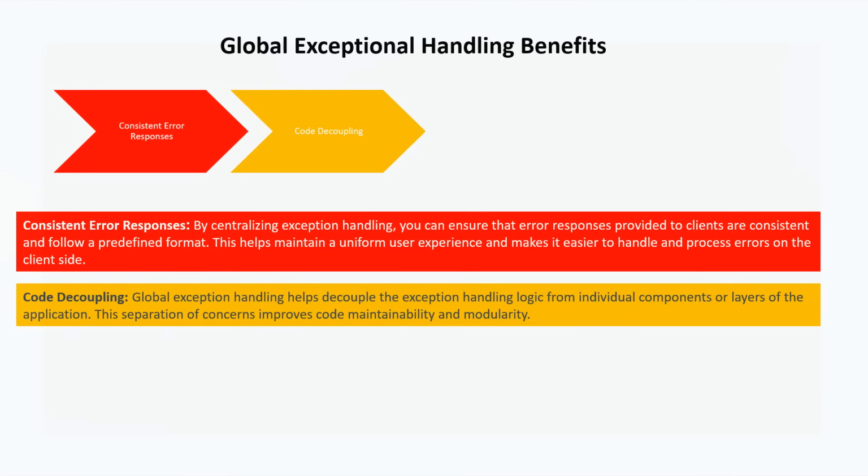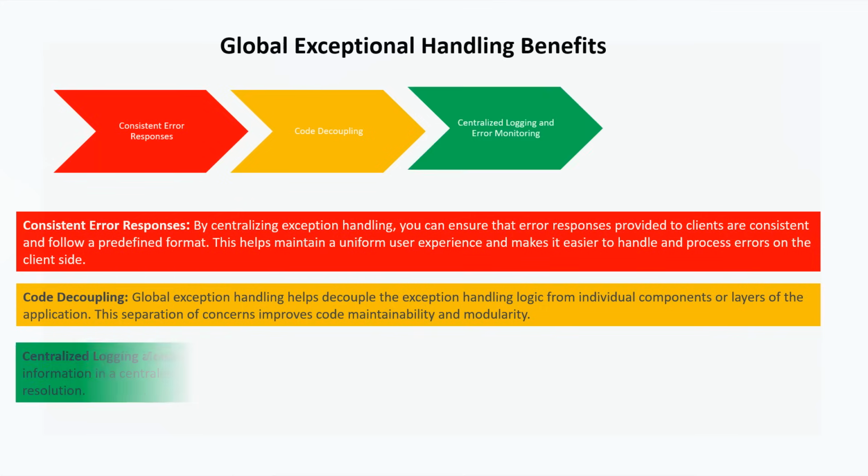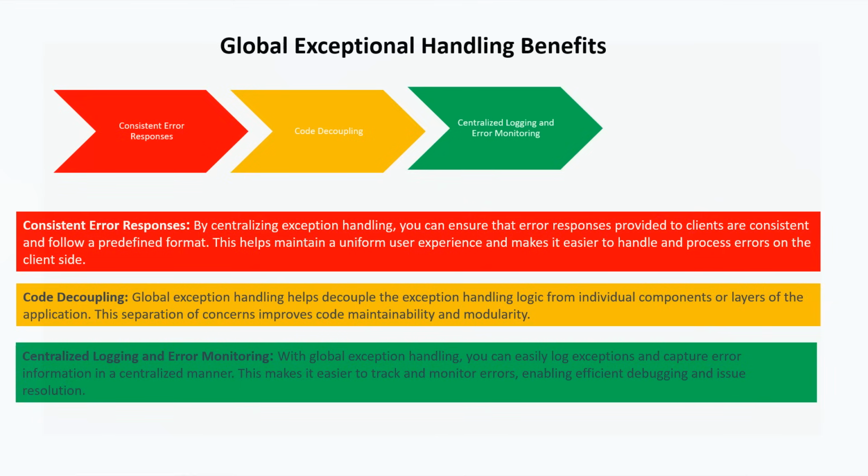The next one is code decoupling. Global exception handling helps decouple the exception handling logic from individual components of the application. The next one is centralized logging and error monitoring. With global exception handling, you can easily log exceptions and capture error information in a centralized manner.